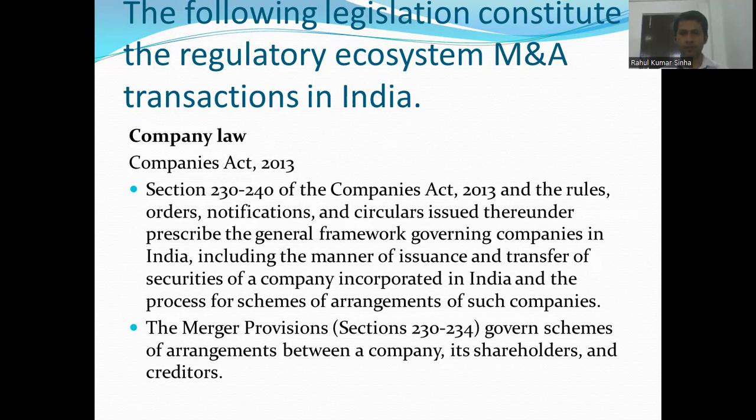The rules have to be followed by the companies looking for the merger and acquisition process. So here the manner is defined, the rule is defined, the way is defined. In that way, the companies have to follow.